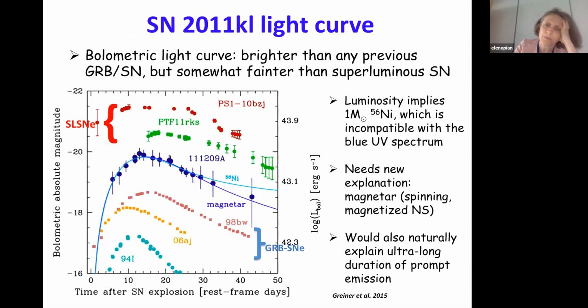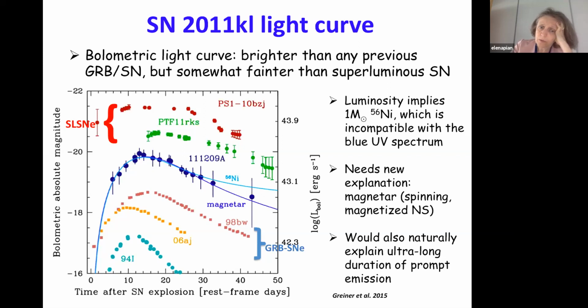You see here a comparison of light curves. At the center, you see in blue the supernova 11kl, which is intermediate in luminosity between superluminous supernovae, of which you see a couple, two representative ones, and gamma ray burst supernovae, 98bw or 06aj. And the interesting aspect of this supernova is that if you fit the light curve with nickel 56, with a purely radioactive mechanism, you need a lot of nickel 56, like one solar mass.